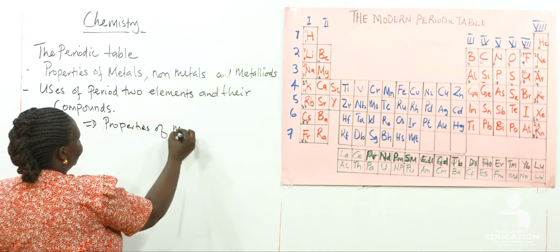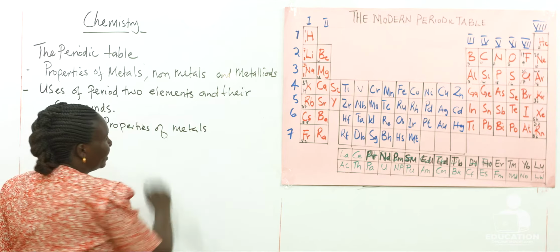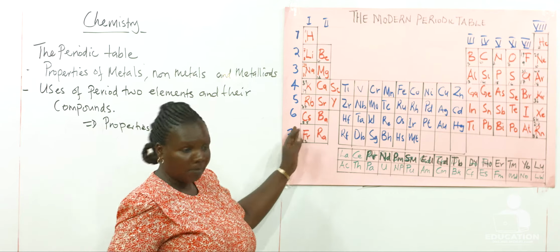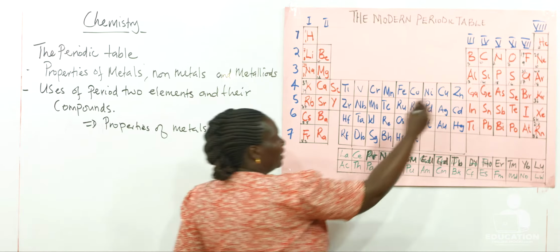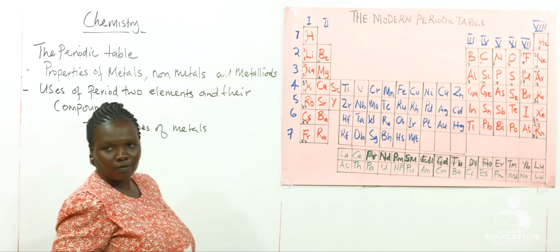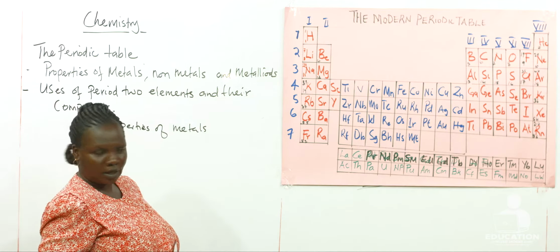So let us look at the properties of metals. The metals are found at the left side of the periodic table, while the non-metals are at the right hand side.